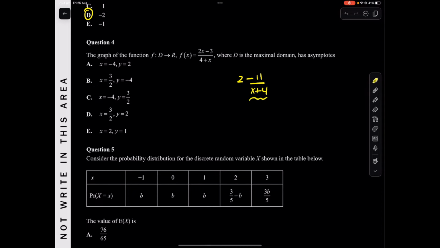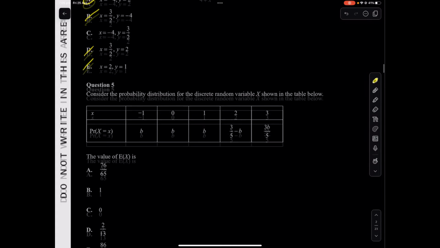This over here, so x plus 4, we want to let it equal 0. This will give us one of our asymptotes. So x equals -4. So this is wrong, wrong, and wrong. Also, this 2 over here is your y equals 2, another asymptote, which would give us A as your answer. You can also graph it, which is another way you can do it. But yeah, this is what I would prefer.